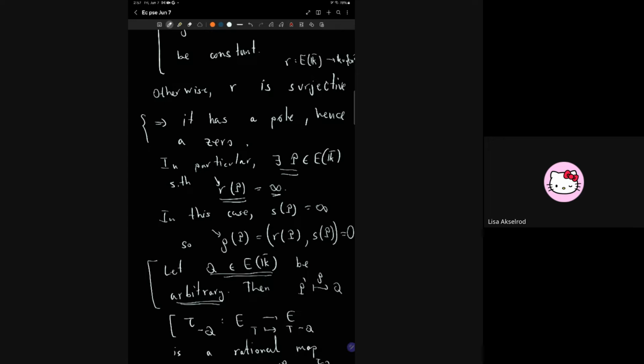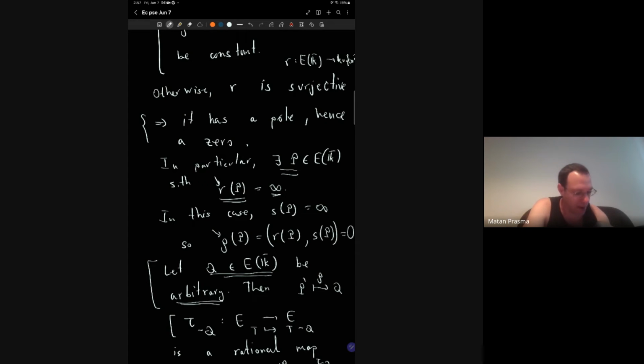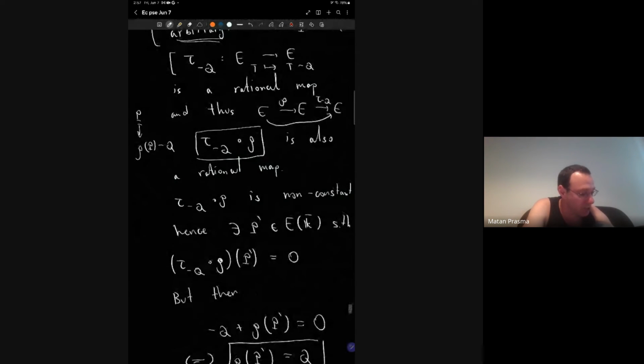Yes. Now you with me? Okay. So in particular, also this rational map, translation by minus Q composed with rho, has to have a point P prime that maps to O. Right?